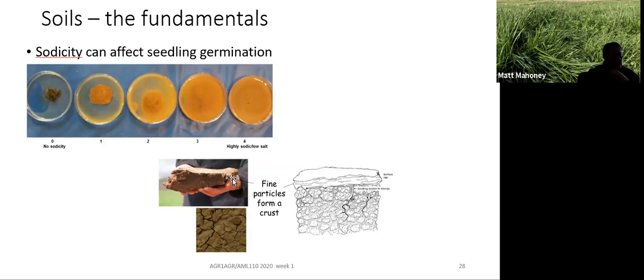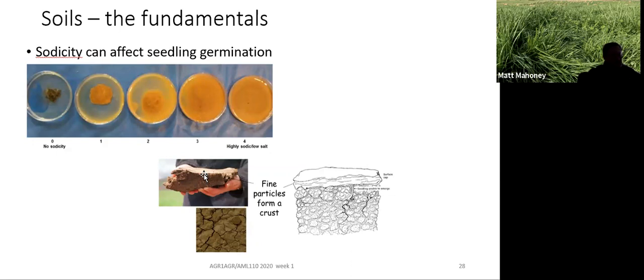But by the time the rain comes, the moisture infiltrates, the sodium in there makes everything repel, the structure is totally disrupted, and then it all settles out and forms this layer. And little seedlings, I've pulled these bits of soil up and found little germinating seeds which have stopped just before the surface because they haven't had the energy to bust through this layer, and it's set almost like concrete.